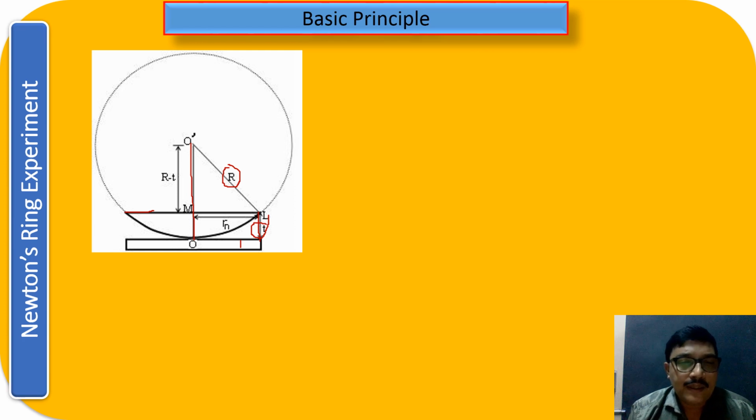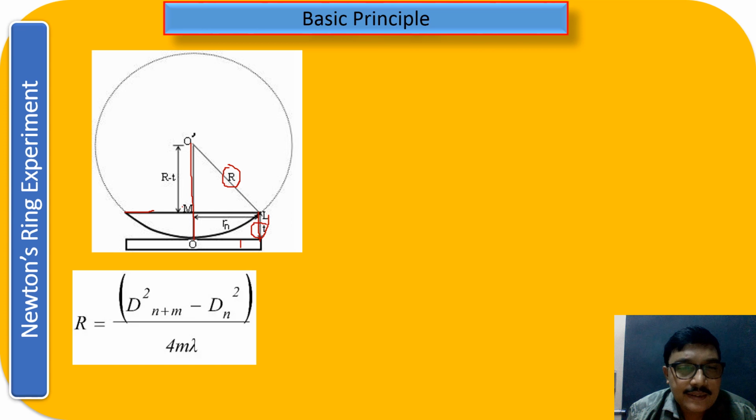Now with this geometry, one can estimate the radius of curvature of the plano convex lens. You know, around the point of contact, the thickness of the air film is uniform, no? So as a result, you are getting bright and dark rings. You are getting both dark as well as bright.